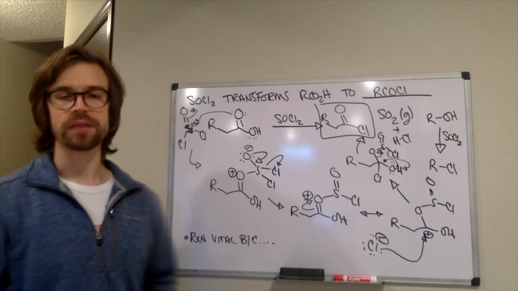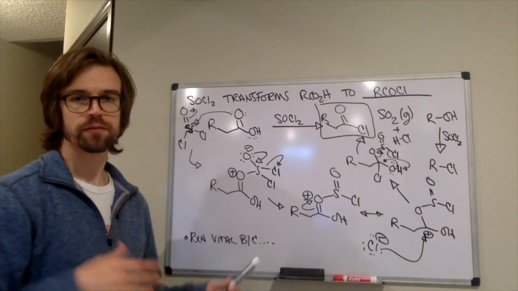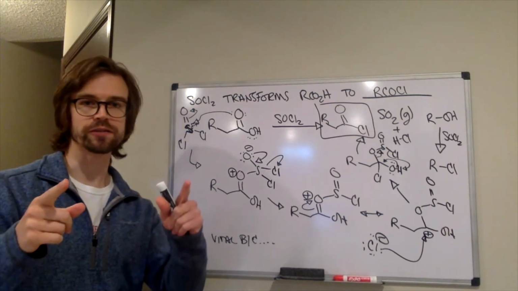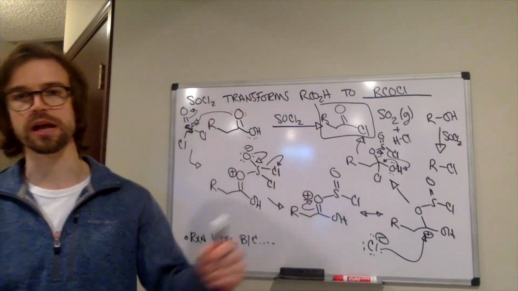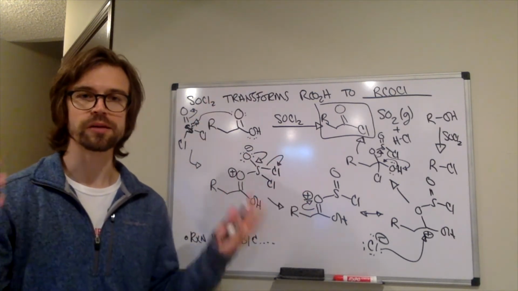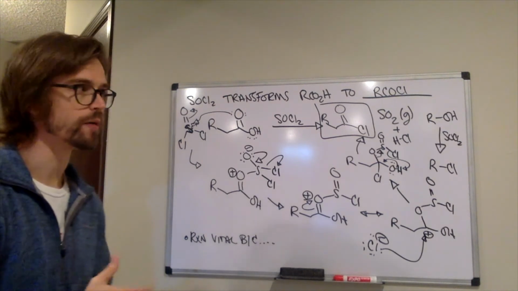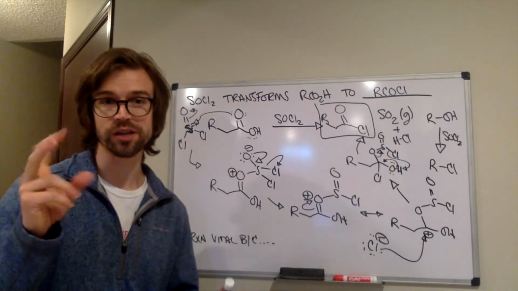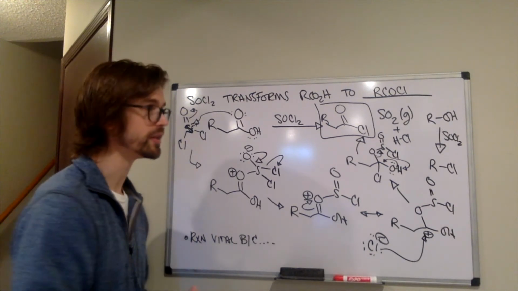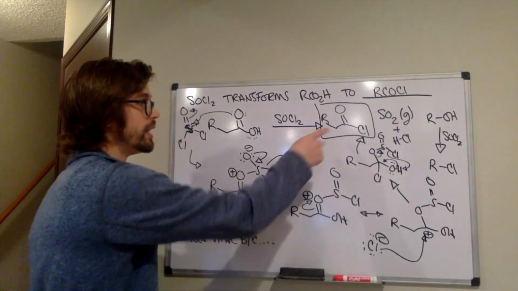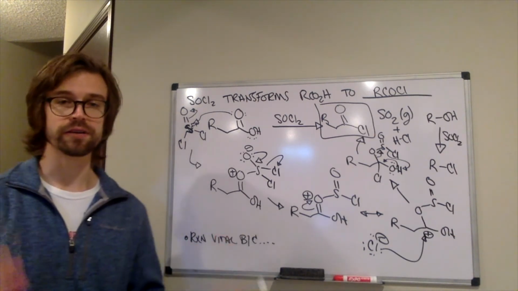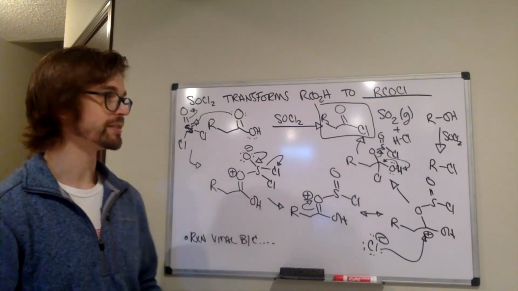At the beginning of the chapter, we said we want to really be able to start with any carboxylic acid derivative and say, oh, we're going to make this one now, we're going to make this one now, we're going to go wherever we want, we can make any carboxylic acid derivative we want. The kind of key, the Swiss Army knife, as we called it previously, of carboxylic acid derivatives is the acid chloride. You can go to any carboxylic acid derivative in a very straightforward manner from that acid chloride.